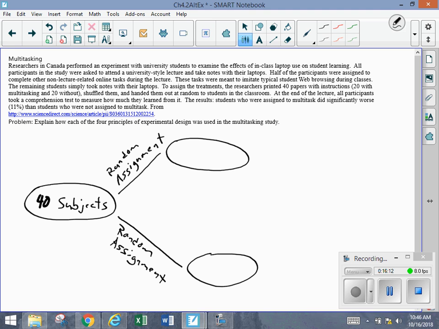We're going to assign some to a control, which is without multitasking. And this one is with multitasking.